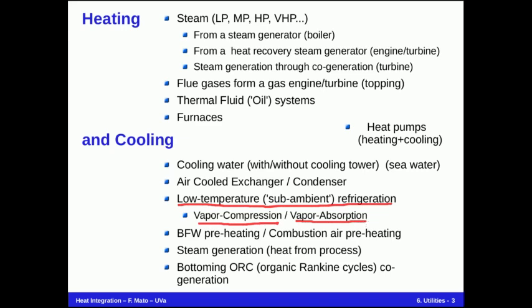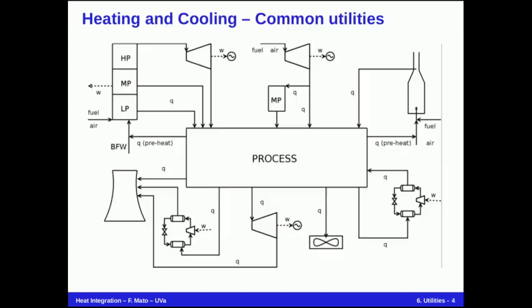Vapor compression is a very expensive utility because you must give power to the process. And vapor absorption is much less used, to recover low-level heat from the process. Here you can see your freezer, your low-temperature vapor compression system taking heat at low temperature from the process and sending it normally to the cooling water utility and to the cooling tower.